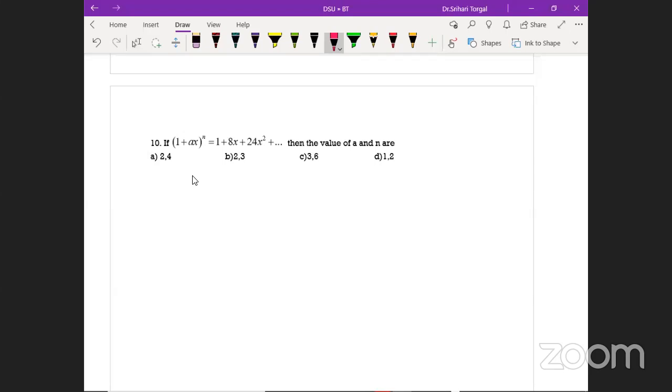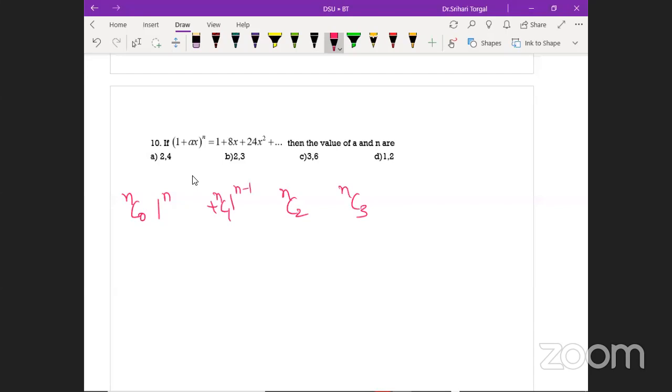So let me expand this, then we'll see. Since 1 power n will always be 1, and this will be 1 power n minus 1, that will be as it is. Before that we have to write nC0, nC1, nC2, nC3 like this, right? And 1 power n, 1 power n minus 1, 1 power n minus 2, which is always 1 only.